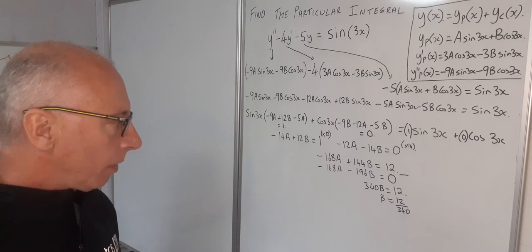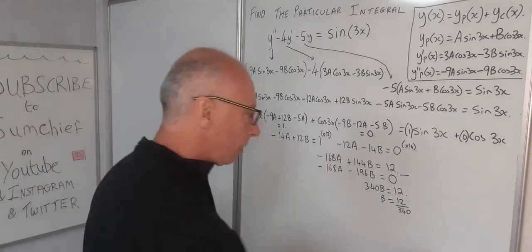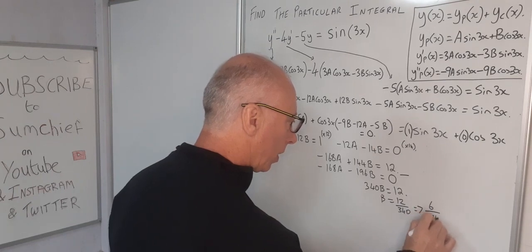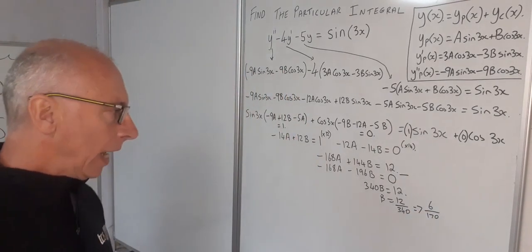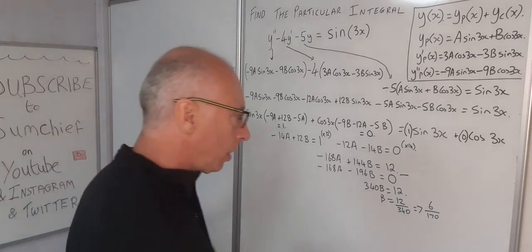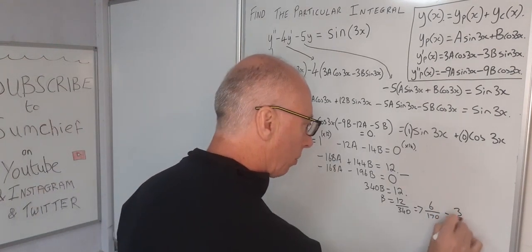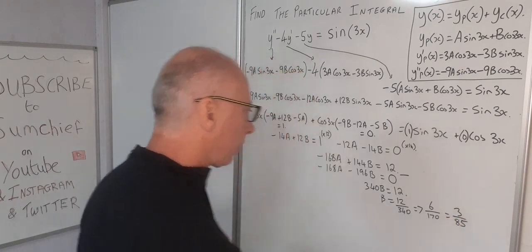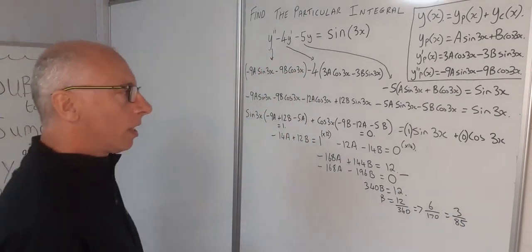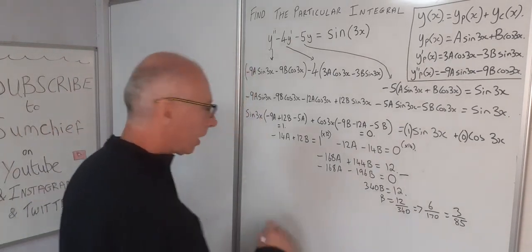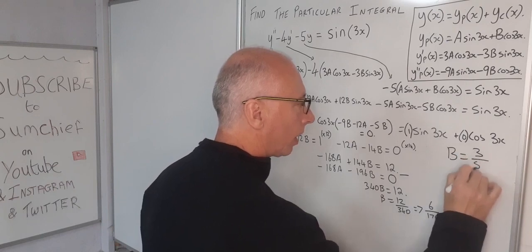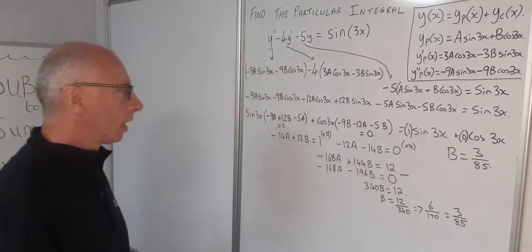Okay, let's look for some common factors in here. Well, I know 2 will go in, so let's just try that first. 6 over 170. And I think we can go again. So we go 2 again, both are even numbers. So that's going to give me 3 over 85. And that's going to be a positive 3 over 85. So now I can write on here, b equals 3 over 85.